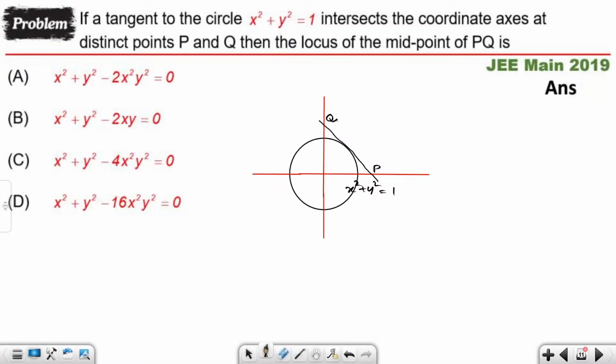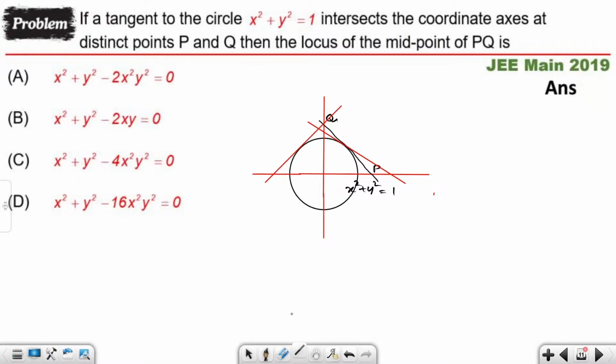Now see, there are several tangents which can be drawn, which are touching this circle and intersecting x and y at different places. I can draw a tangent over here.